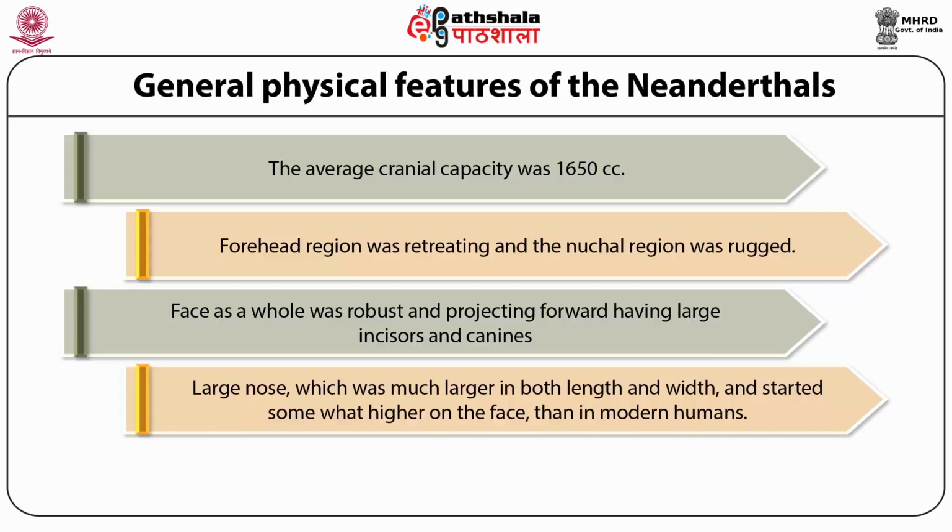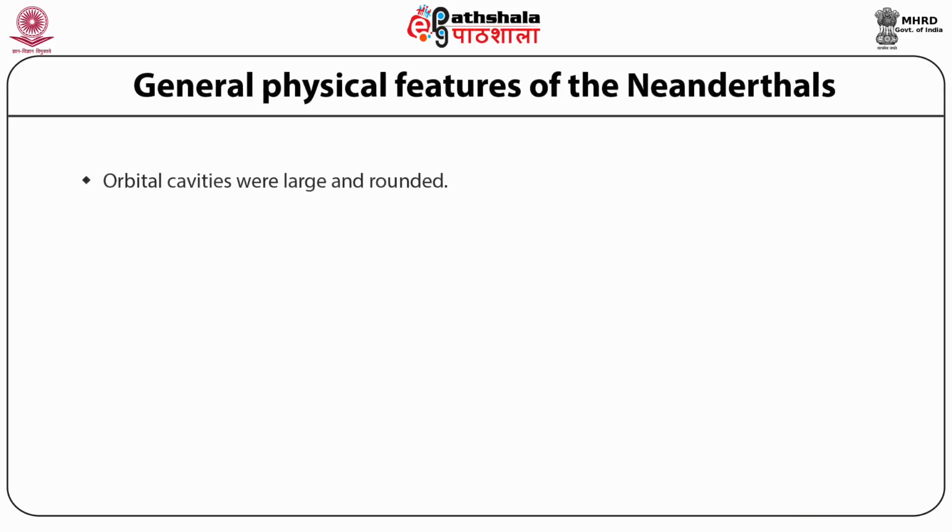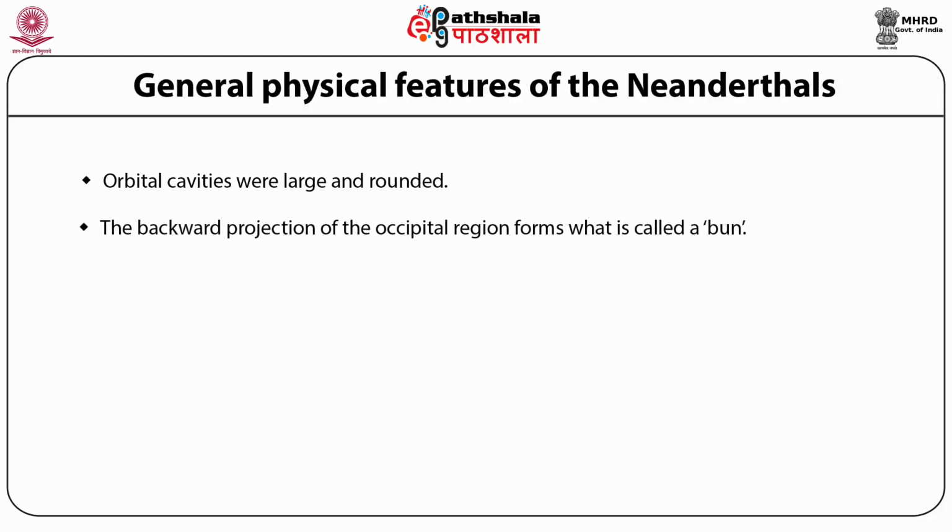The backward projection of the occipital region formed what is called a bun. The supraorbital region was stout and continuous to form a torus. Orbital cavities were large and rounded. Mastoid processes were small.